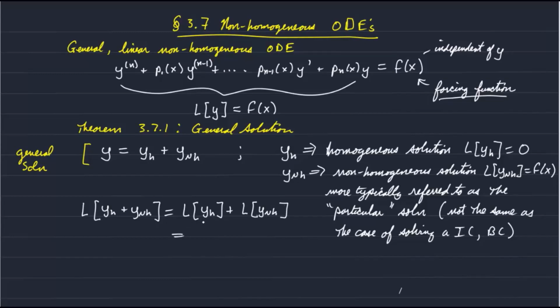And again, when L is operated on the homogeneous solution, we get 0. And when L is operated on the non-homogeneous solution, we get F. So this is sort of an explicit illustration of the two parts of the solution, one part giving 0 and the second part giving F, and the sum of those solving the full equation.